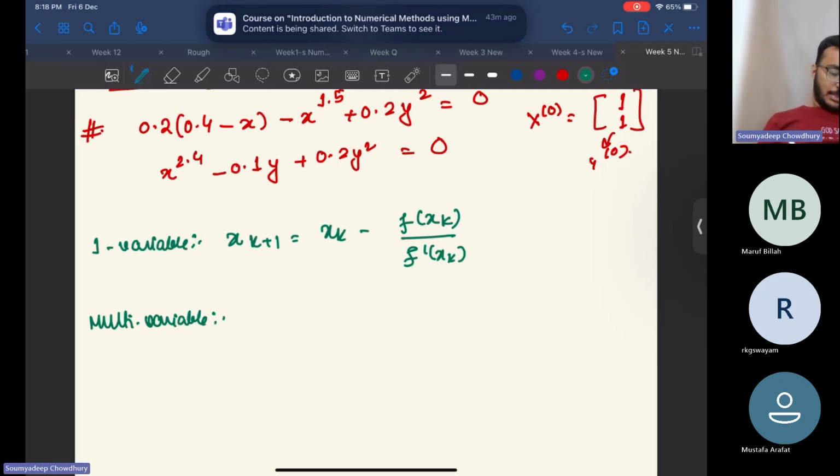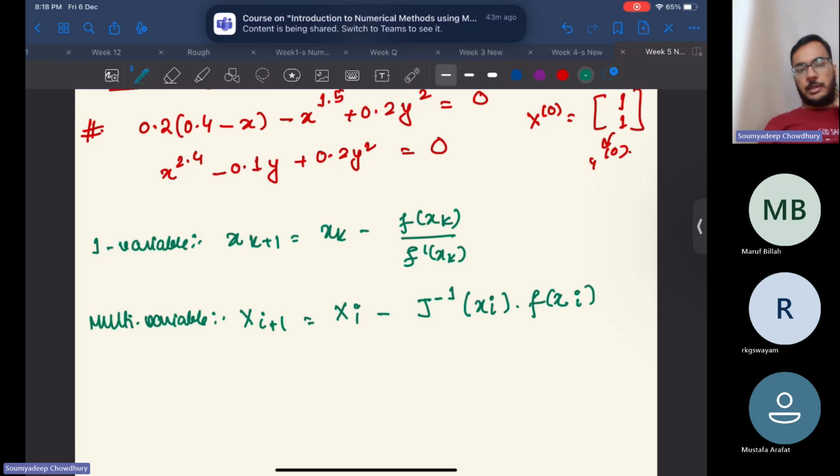Here x of i plus 1 equals x of i minus, we will have what is called the Jacobi function. Anyone of you, are you familiar with the Jacobi matrix, rather, for a system of equations?